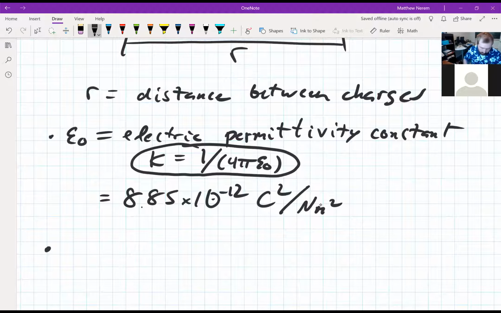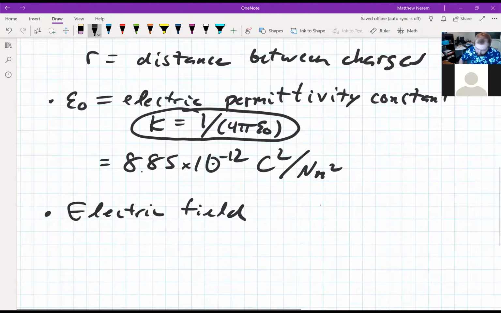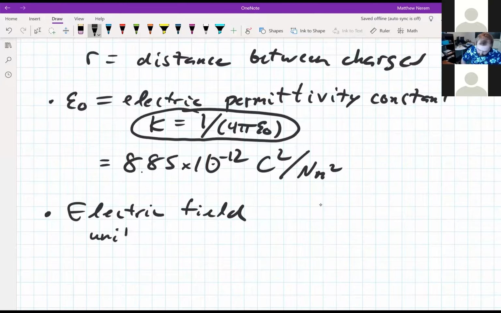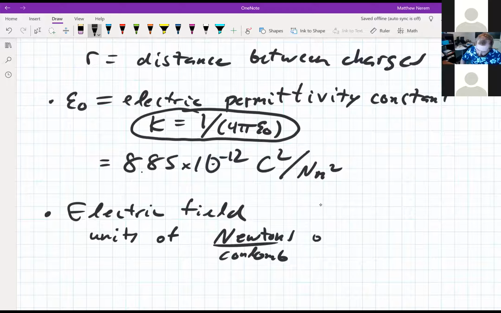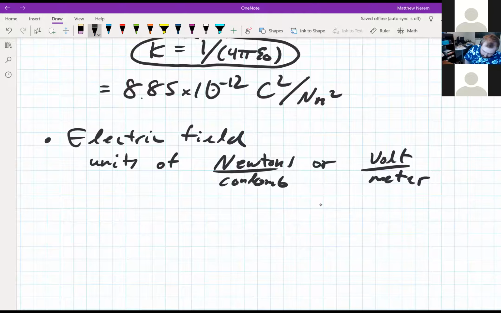Next on our list, the electric field, right? Its units are newtons per coulomb or volts per meter. Identical, those are equivalent. And it comes from this concept that E is defined as the force per unit charge, right?